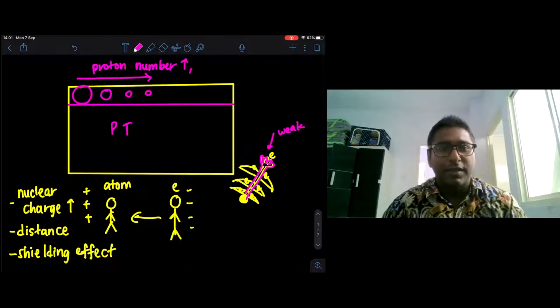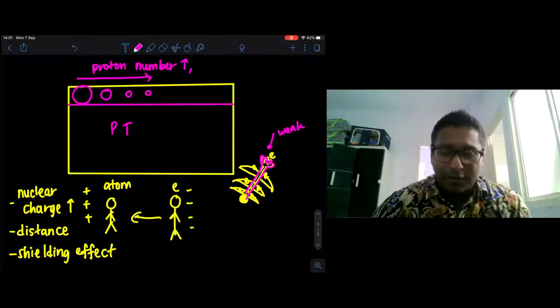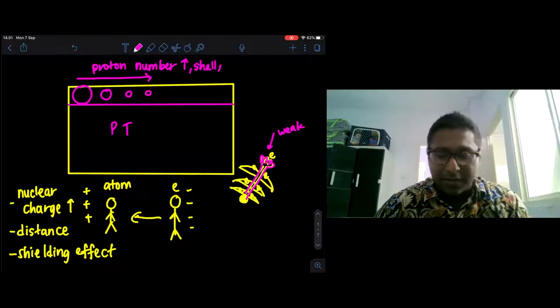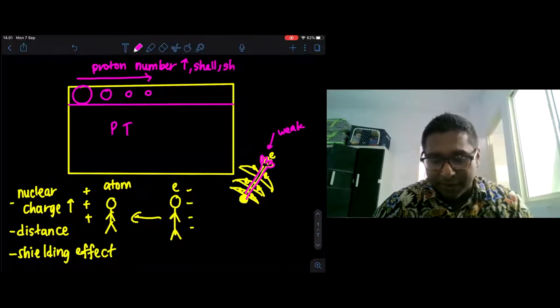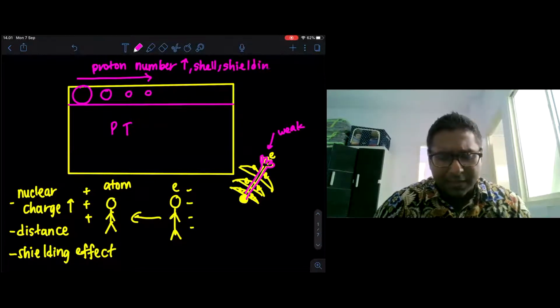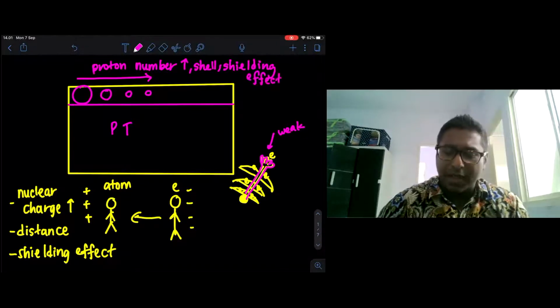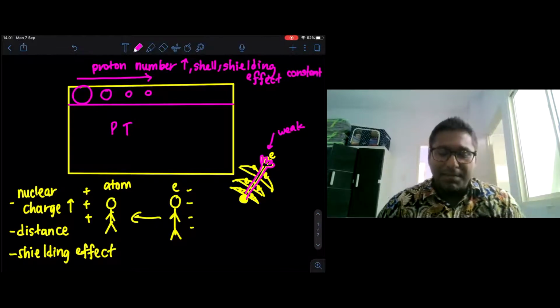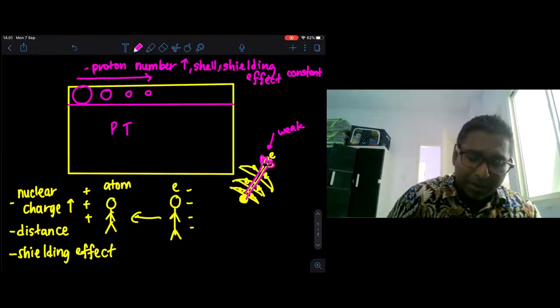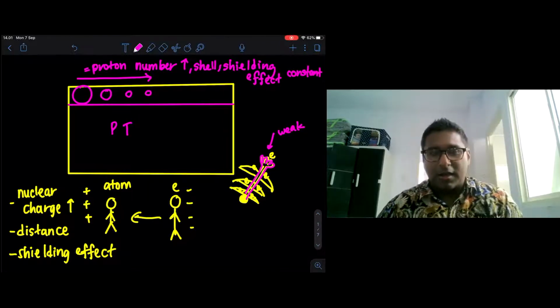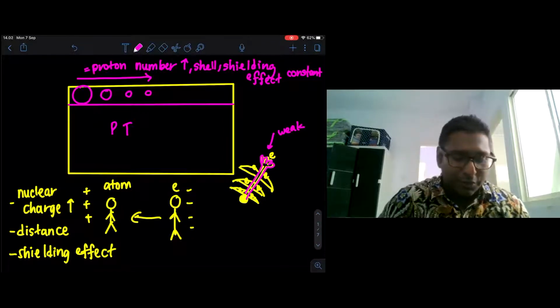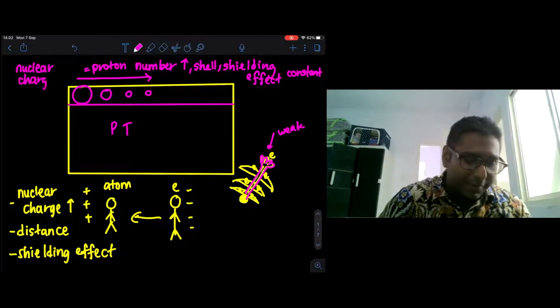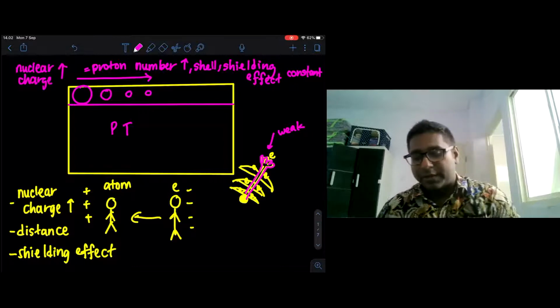If the number of shells and the shielding effect remain constant, then your proton number is the only one responsible for your nuclear charge. We can say that your nuclear charge is increasing as you go across the periodic table.